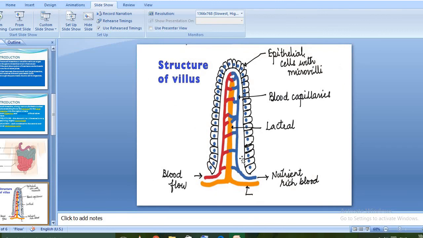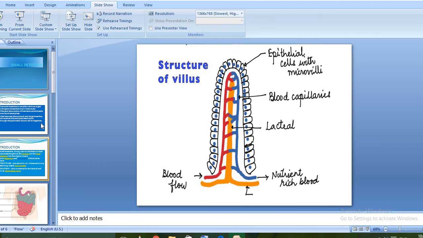Then draw the structure of the villus. What is the purpose, or importance, of the villus found in the inner lining of the ileum? Next, write down the two structural adaptations of the villus which help in the absorption of digested nutrients.